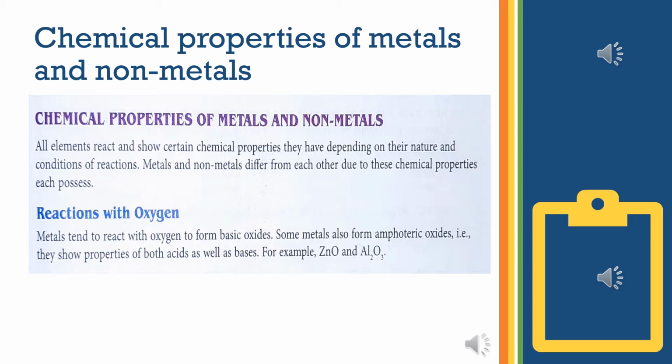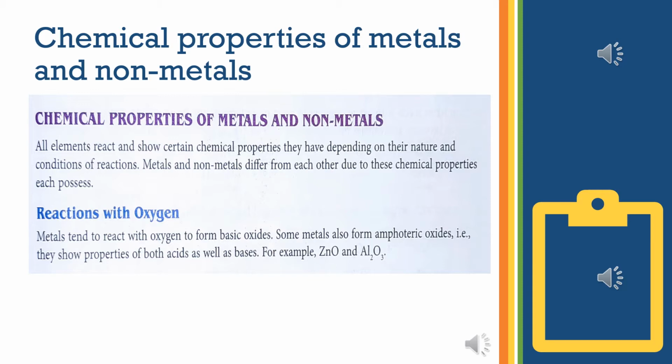Now after metal oxides or basic oxides, there are some special oxides known as amphoteric oxides. I hope you remember the word amphibian. Amphi means both, which can show the property of both. Amphibians are those who can live on land as well as on water.